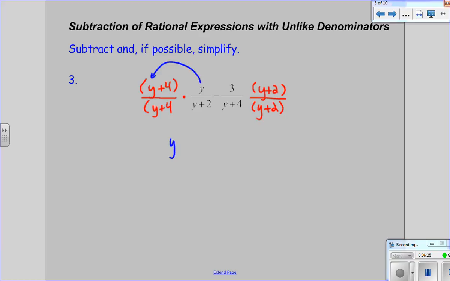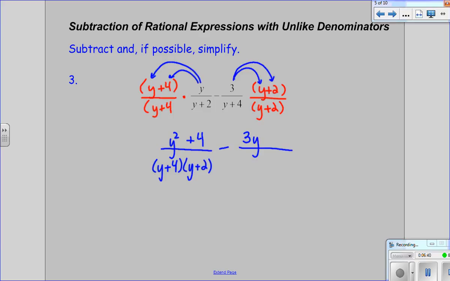We get y squared plus 4y over, and we'll keep this in factored form, y plus 4, y plus 2. And then we subtract the other expression, 3y plus 6 over y plus 4, y plus 2. Now we have our common denominators, so we can subtract our numerators. But make sure when you subtract, you're subtracting both the 3y and the 6.